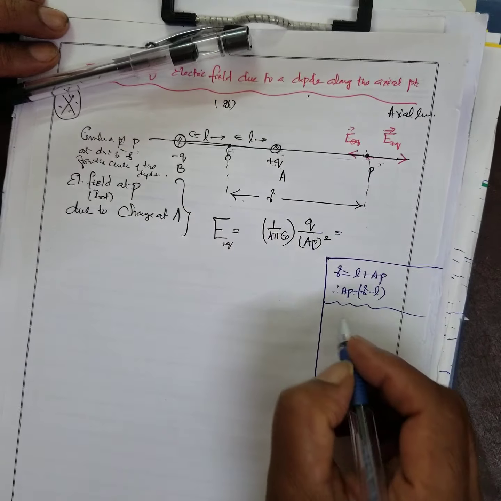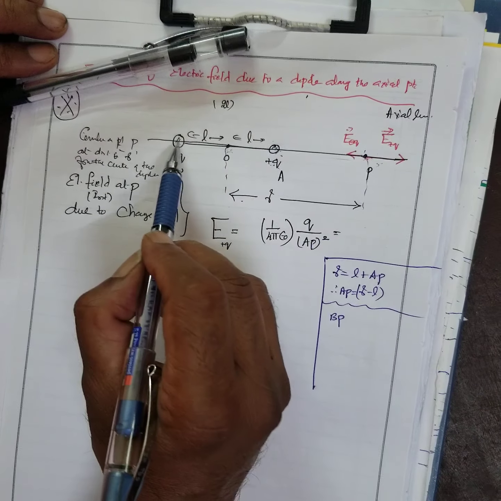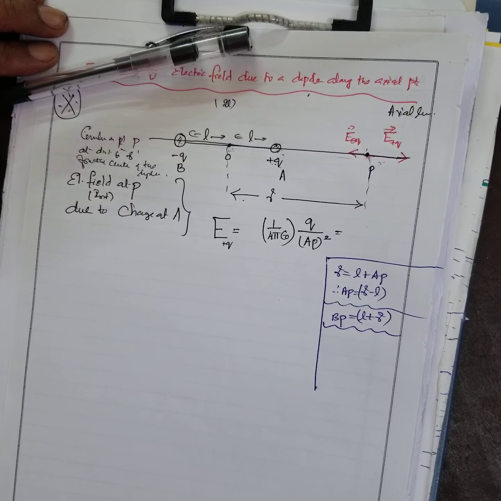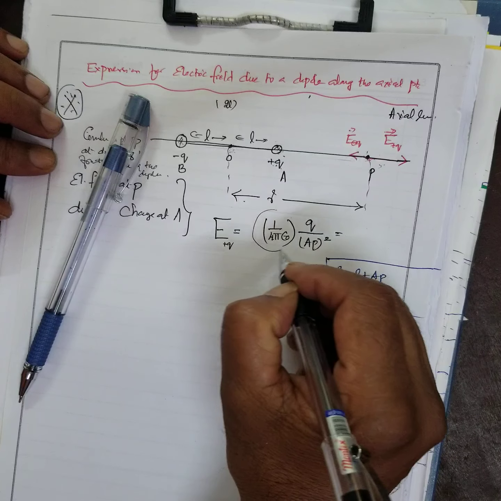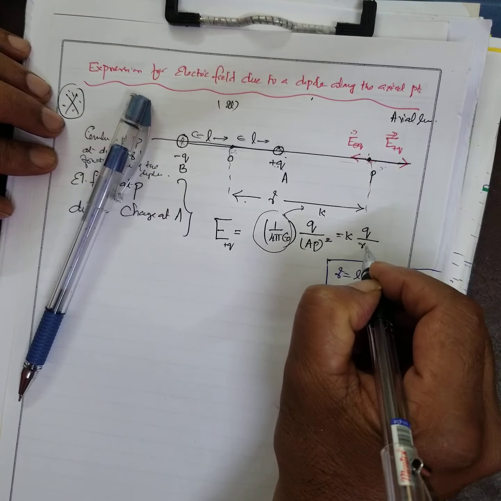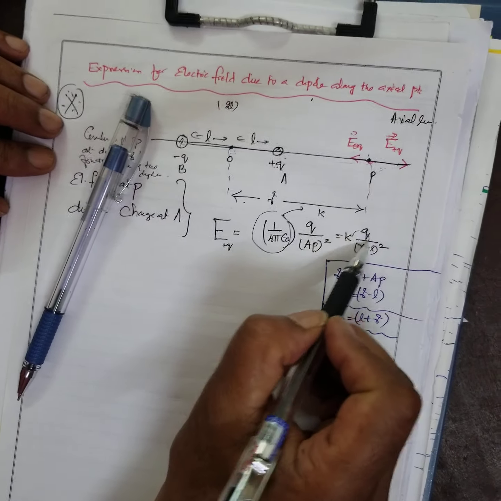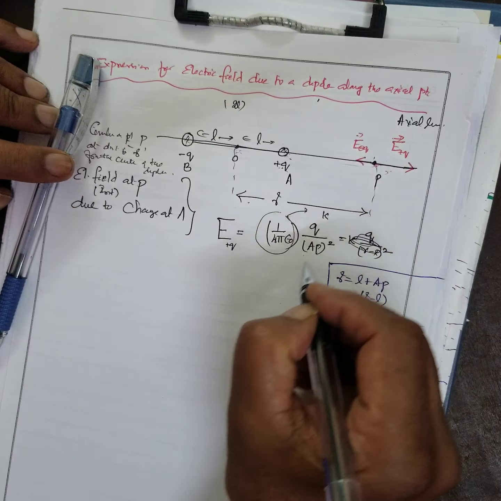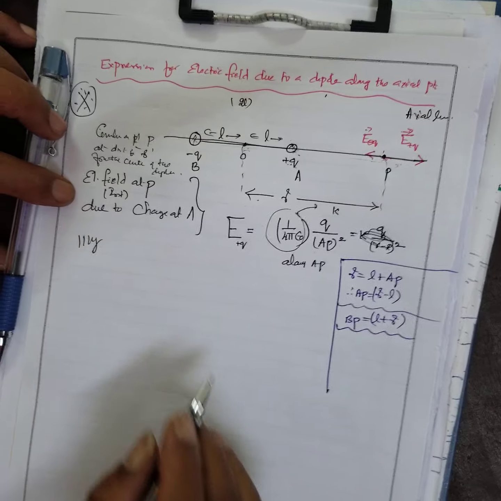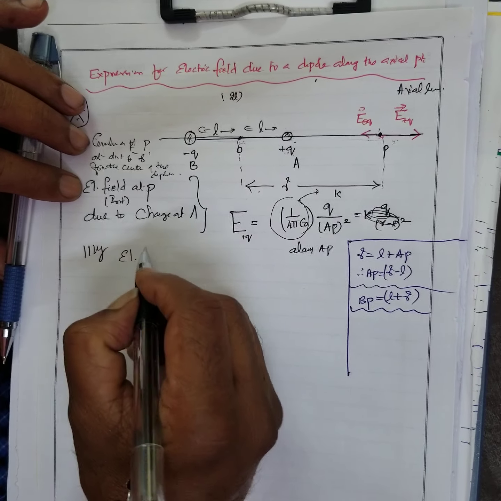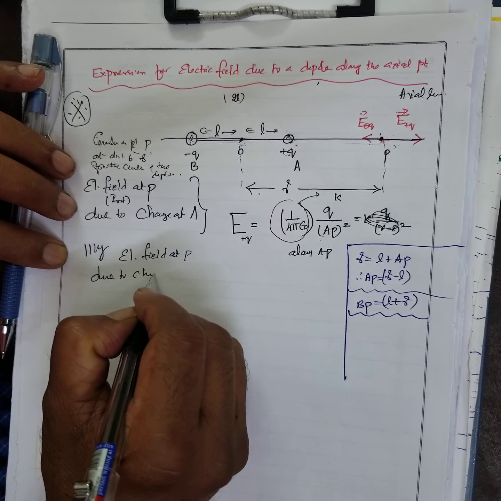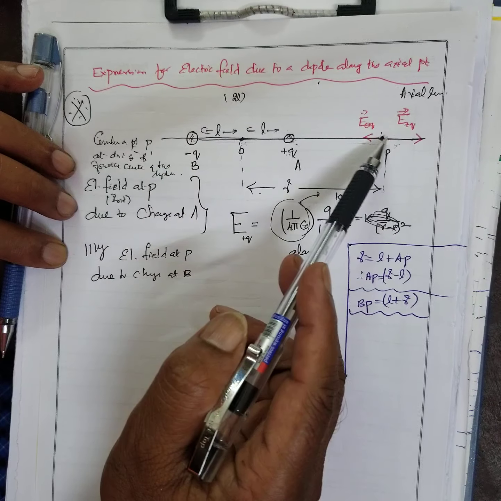Similarly, what is BP? BP is L plus R. Let me call 1 by 4 pi epsilon naught equal to K. So the field is K times Q by AP square, where AP is R minus L, along AP, away from A. Similarly, the electric field at P due to the charge at B is an attraction, but still far off.